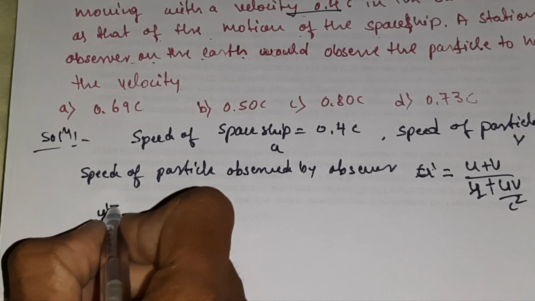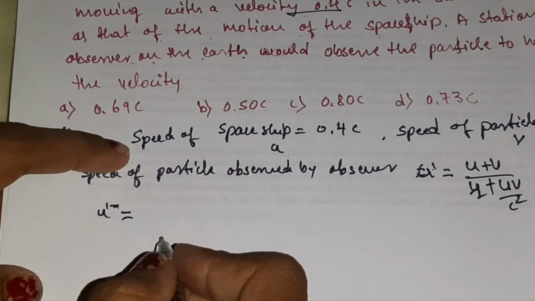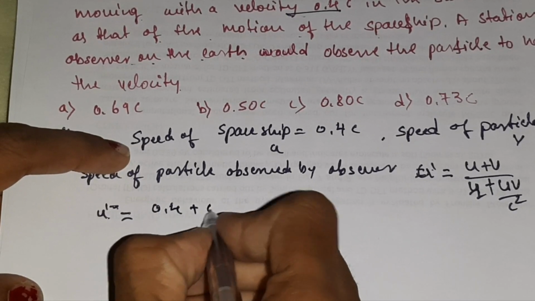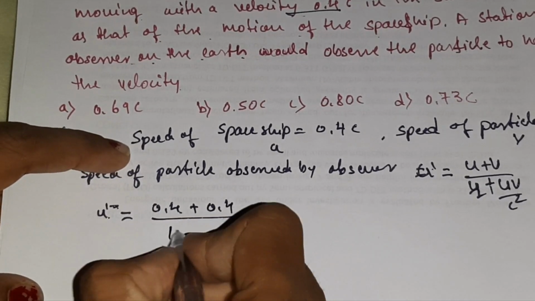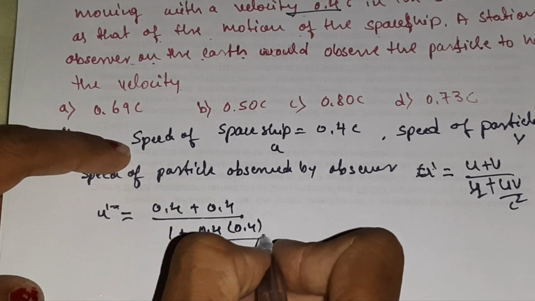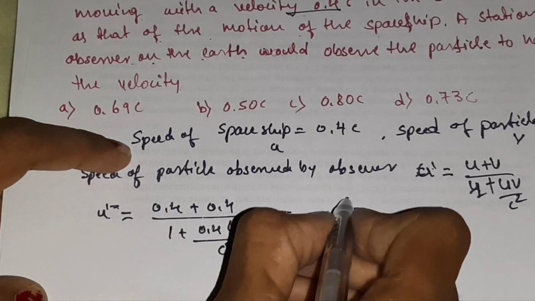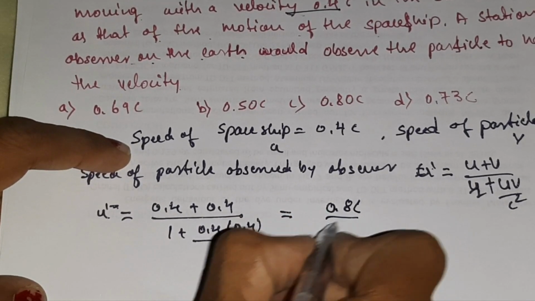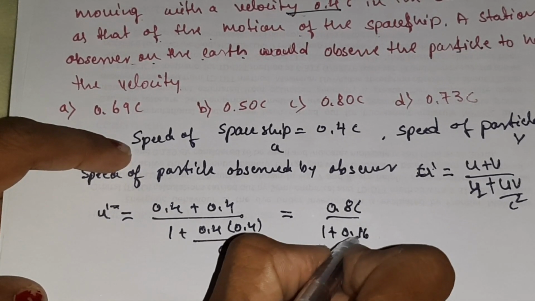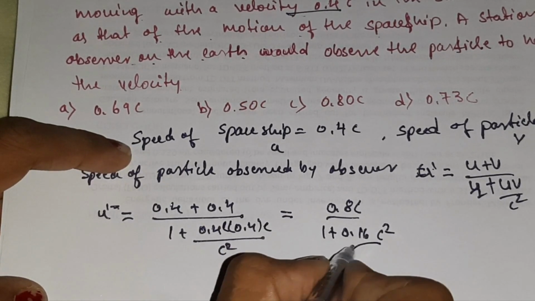So as we know from this question, the speed of the spaceship is 0.4 and the speed of the particle is 0.4, so 1 plus 0.4 into 0.4 divided by c square. Here we get 0.8 c divided by 1 plus 0.16 c square divided by c square.